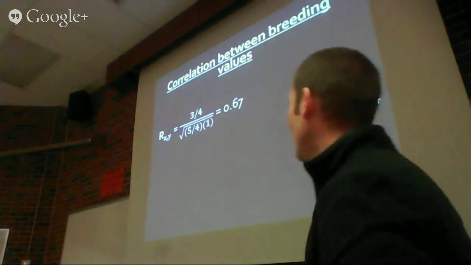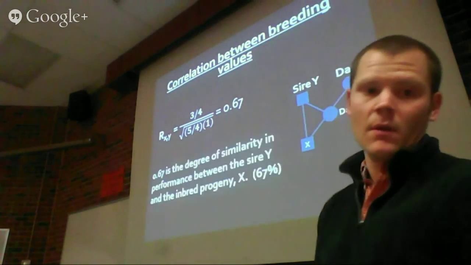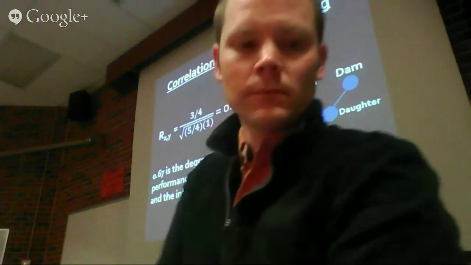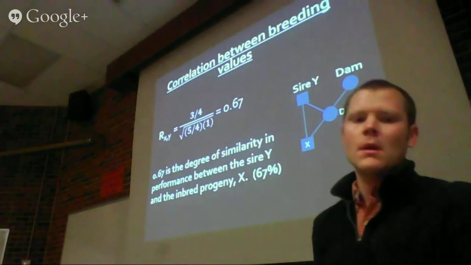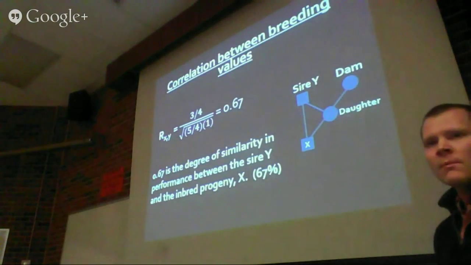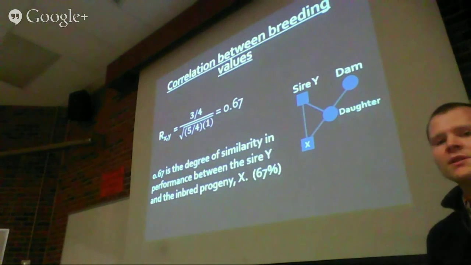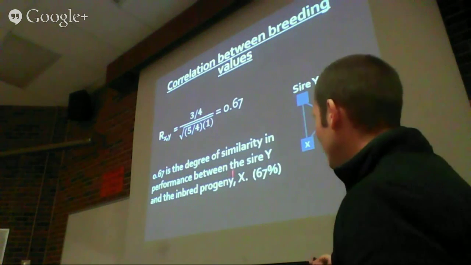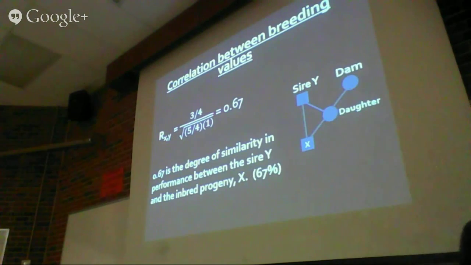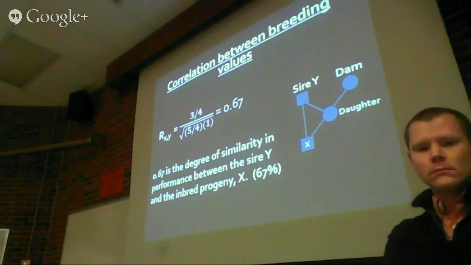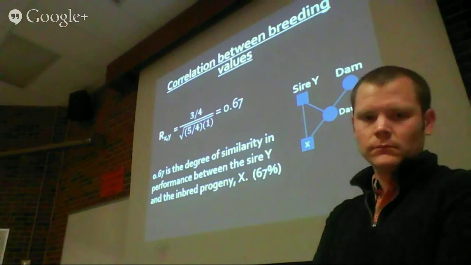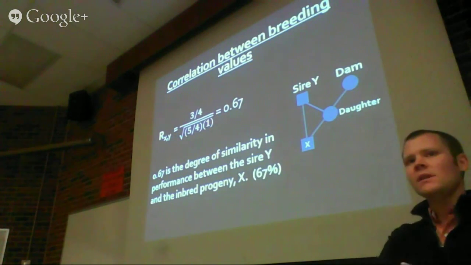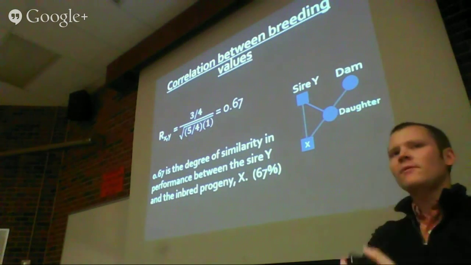Plugging all that in, we get 0.67. What does that mean? It's the degree of similarity in performance and performance of the progeny between sire Y and the inbred progeny X. So it's really a measure of genetic similarity, which gives us similarity in performance, right?